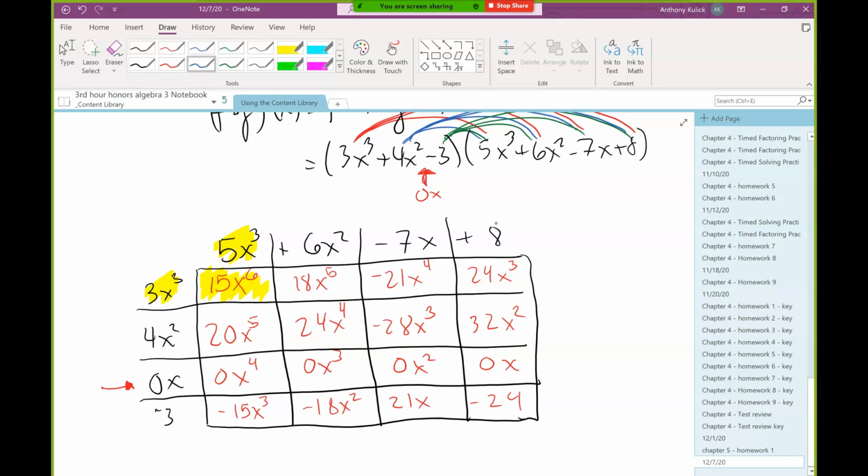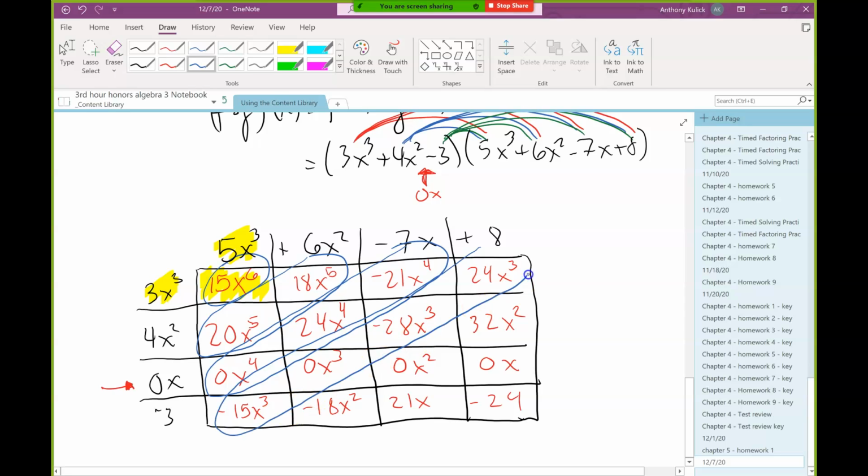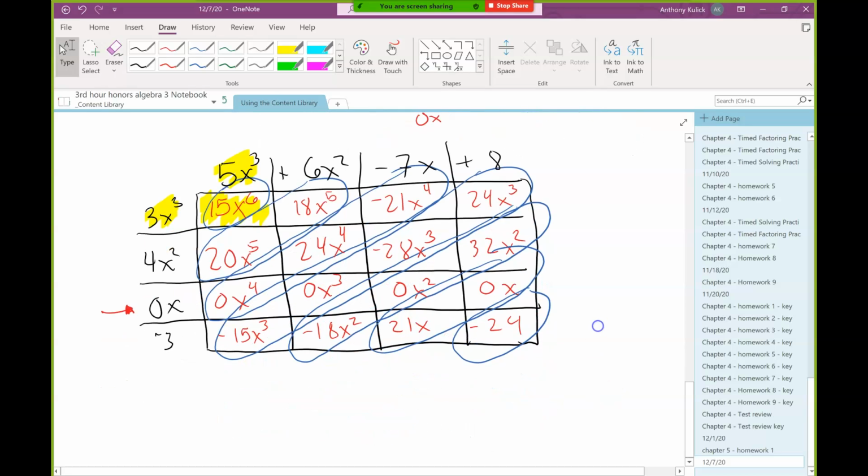But here's the big advantage: if we look on the diagonal, we have all of our like terms together. So we don't even have to do a lot of picking through this table to figure out the like terms to add together. They're all lined up for us anyways. So I have just 15x to the 6th. 20x to the 5th and 18x to the 5th is 38x to the 5th. 0, 24, and negative 21 is 3x to the 4th.